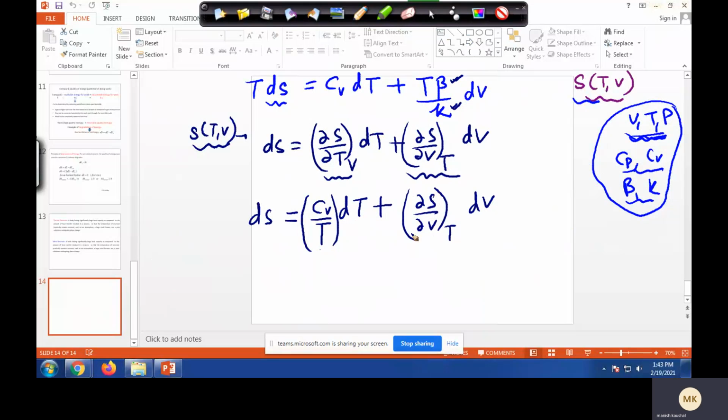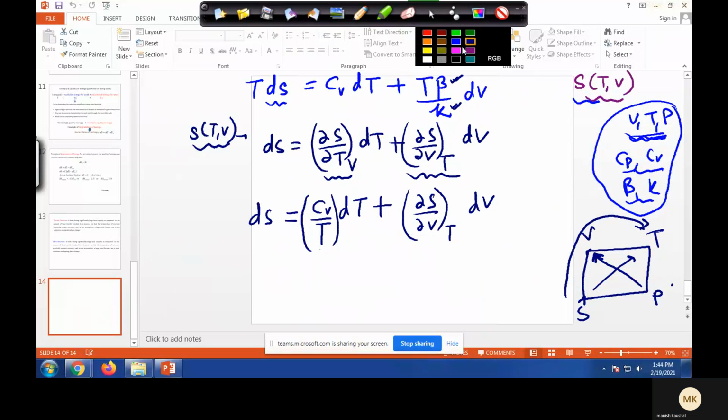Just let me see how I'll reach here. So this is fine, Cv dT/T, and now we have ∂S/∂V at constant T. So let's see if the Maxwell relation helps us or not. For Maxwell relation, what we have? S T P V. Yes. So there is a scope. So you want SVT. So you want something this way. So you have to start from here, right? According to our rule. And again, as I told you, this is just a technique.